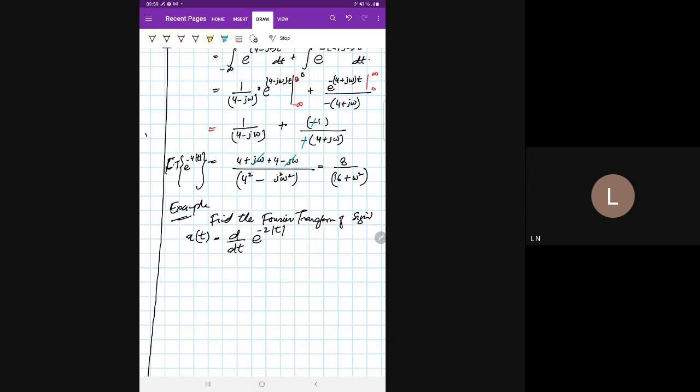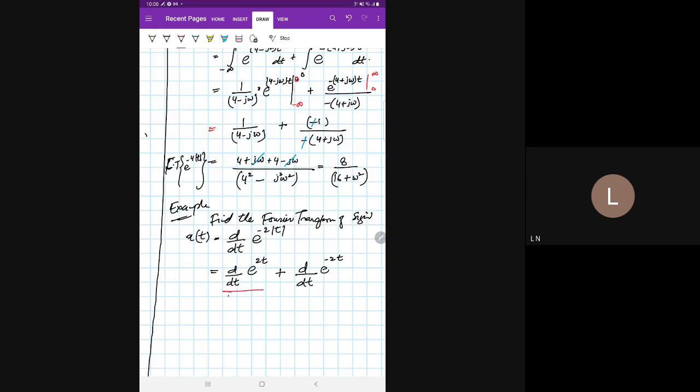Okay. Now see, we know if x of t is equal to d by dt of e raised power minus 2t, t can have positive values and t can have negative values. So we can write it down, then this signal could be written as d by dt of e raised power plus 2t plus d by dt of e raised power minus 2t.